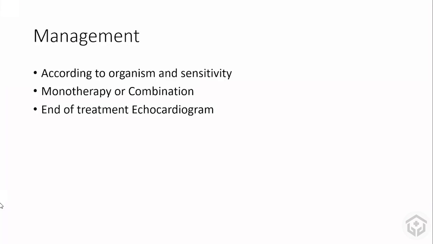For another example, I told you that Streptococcus viridans is the common organism causing infective endocarditis. Even with Streptococcus viridans, our treatment duration is not going to be the same in each and every patient, because we have to test the sensitivity of Streptococcus viridans to penicillin and divide it into penicillin sensitive, intermediate sensitive, and resistant.